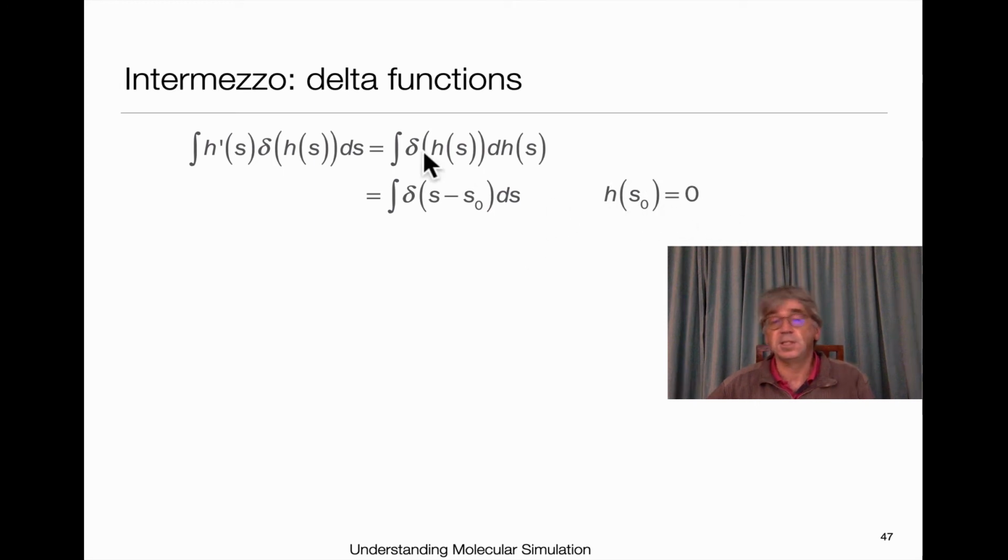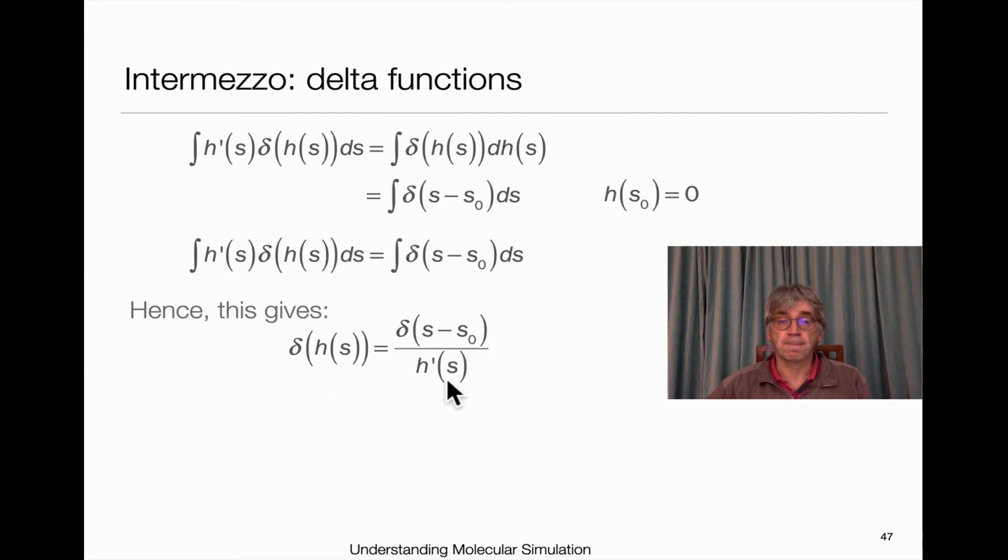This is just an identity for delta functions: the delta function of H(s) is the sum over the zeros of the function divided by the absolute value of the derivative of H with respect to s. These are typical properties of delta functions, and you can see that it makes sense here. But for the moment, we just assume that this equation is correct.